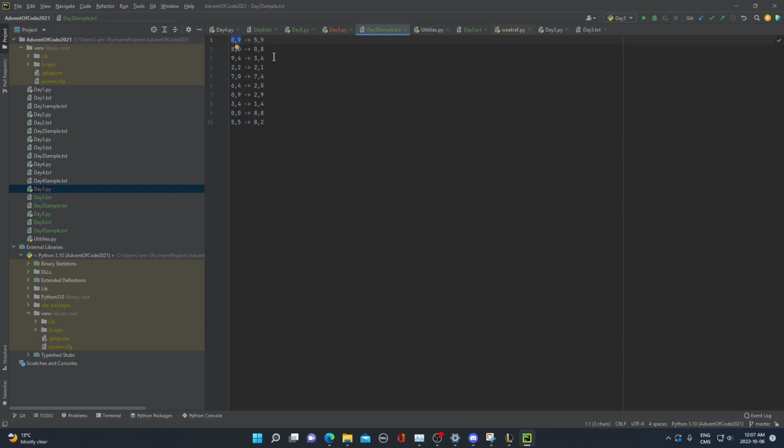And from the left we get 0,9, and on the right we get 5,9.